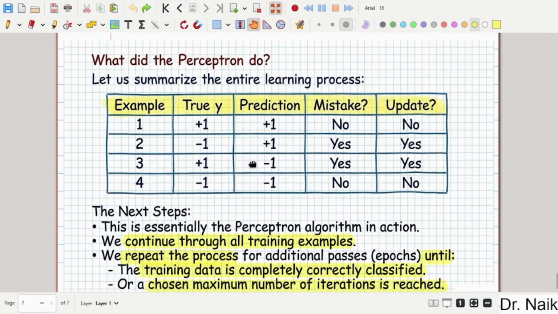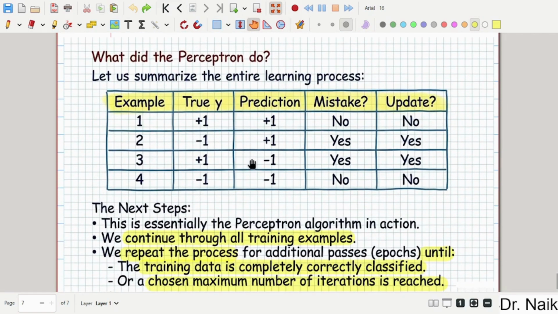Now what did the perceptron do? Let us summarize the entire learning process. First example, the true label given to us is +1 and the perceptron predicted +1, so no mistake happens, therefore no update required. For the second example, the true label is -1 and the perceptron predicted +1, so a mistake occurred.